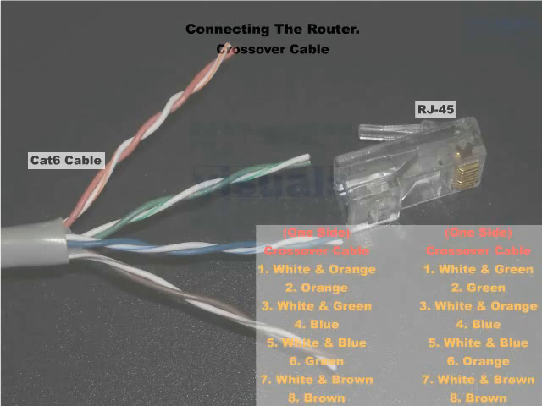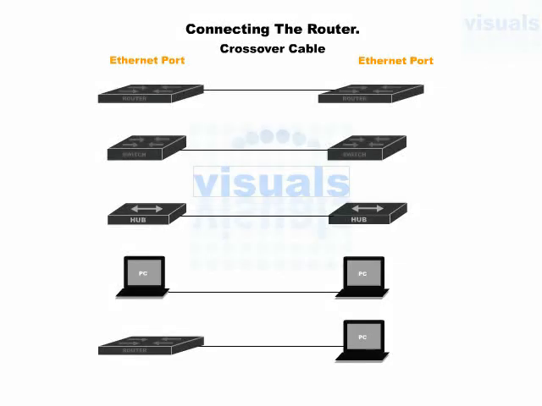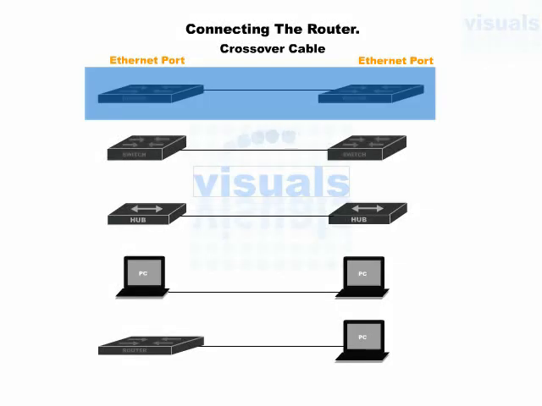Now we have discussed how we design straight through cable and where we use it, and we have also discussed how we design crossover cables and where we use them. Okay, now we use crossover cable for connecting a router with a router.